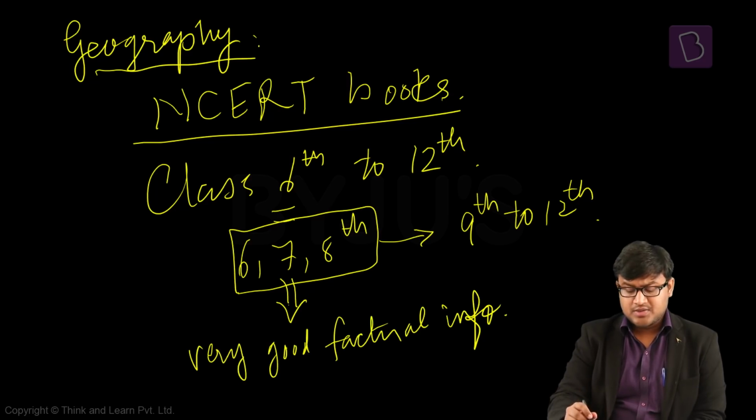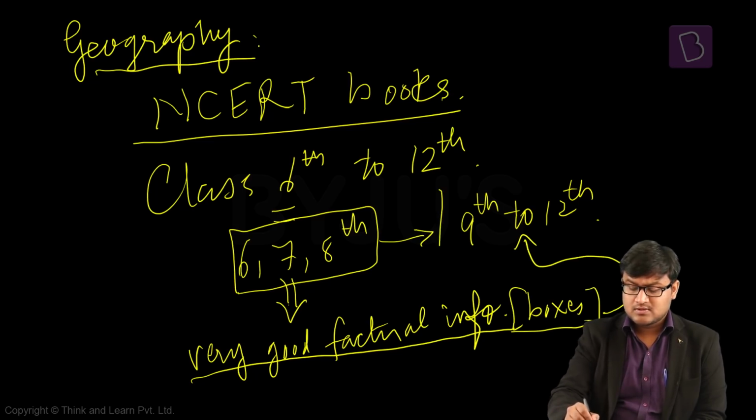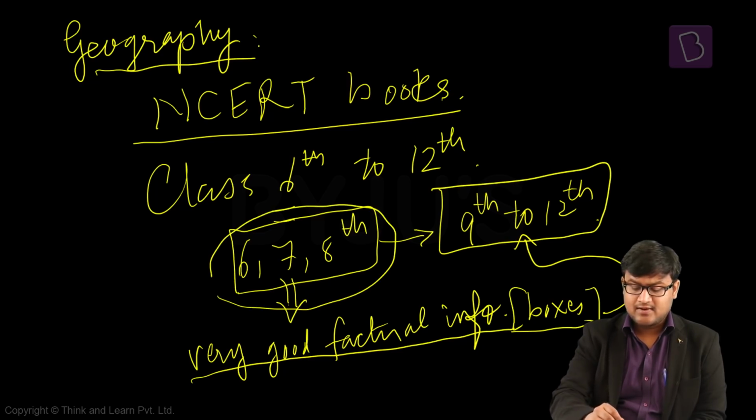And what you can do is, when you are reading these books, you can highlight this factual information given especially in the boxes and maybe note them down in these books so that you have all the information that is relevant covered and also noted down in these textbooks.